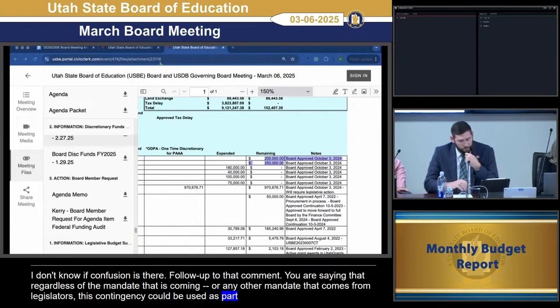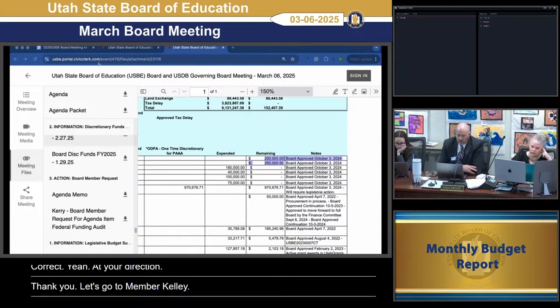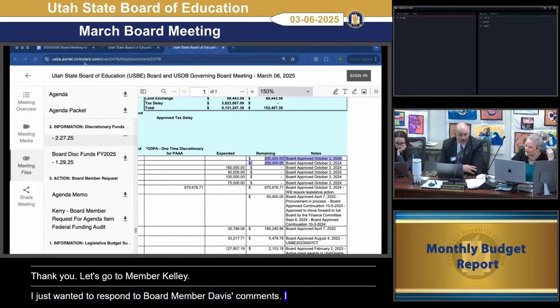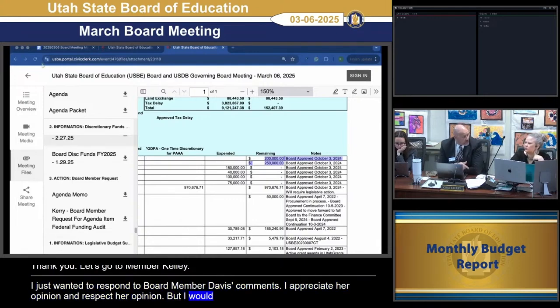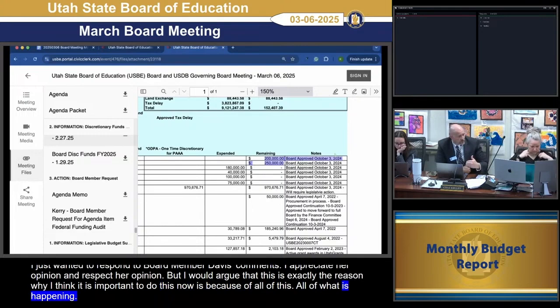I just wanted to respond to Board Member Davis's comments. I appreciate her opinion and respect her opinion. But I would argue that this is exactly the reason why I think it's important to do this now, because of all of what is happening. And I think to be in front of it rather than wait, to act instead of waiting to be acted upon.